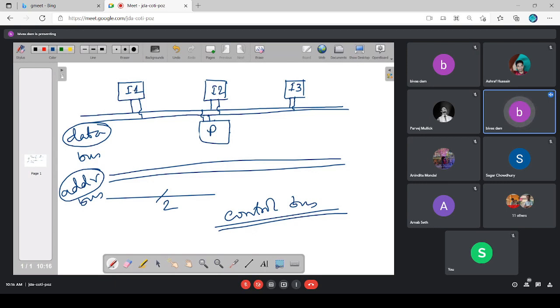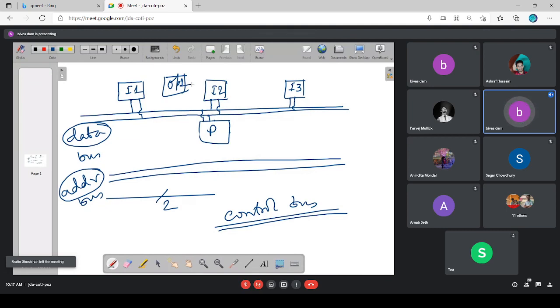Now, when I am having one input device and one output device, what is the basic difference between these two? The processor will read data from the input device, whereas while communicating with the output device, the processor will write data onto the output device.